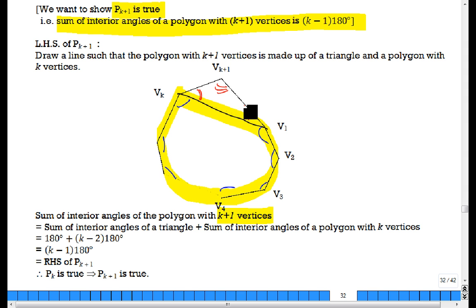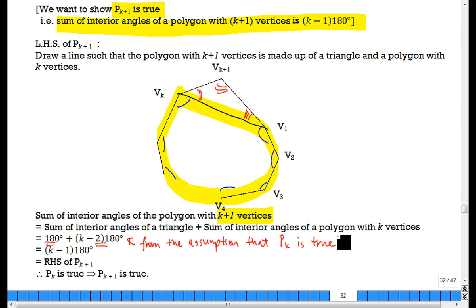What is the sum of these 3 angles? Must be 180 degrees. So, therefore, we get 180 plus this one, which was from the assumption that Pk is true. Keyword, assume. We're not saying it's true, but we assume it's true.